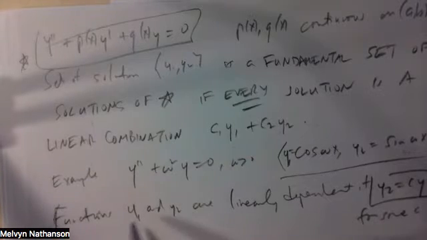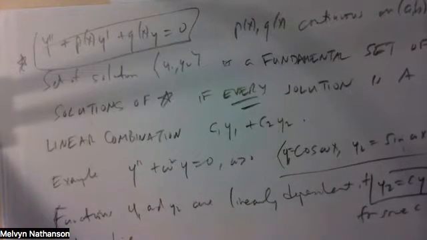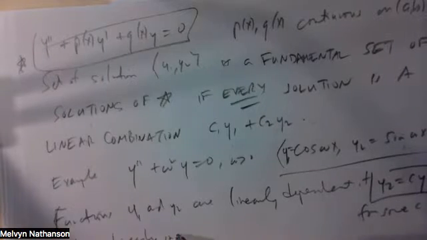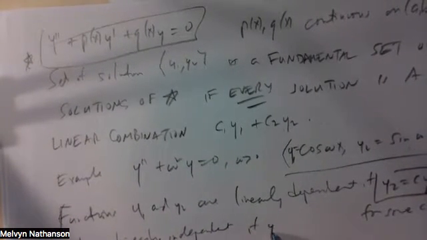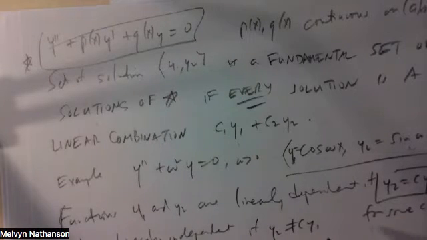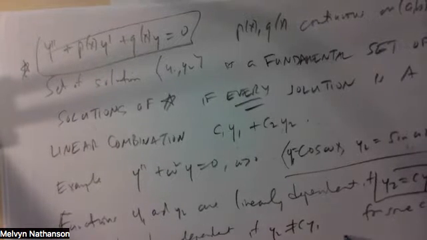And these functions are linearly independent if y2 is not a constant multiple of y1. Or an equivalent way of saying that is if y2 over y1 is not a constant.